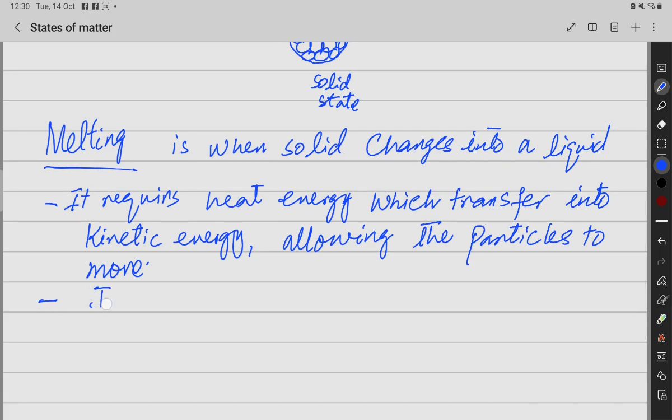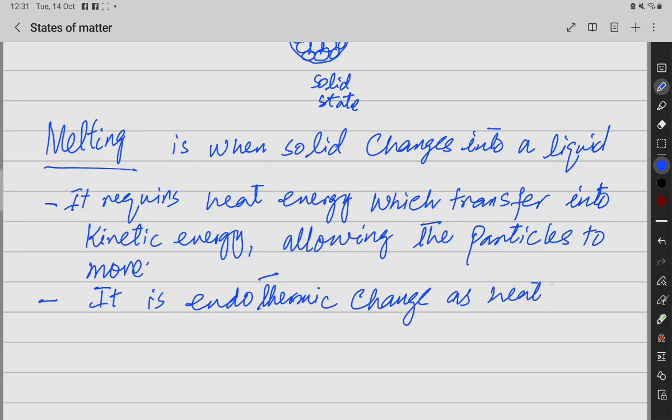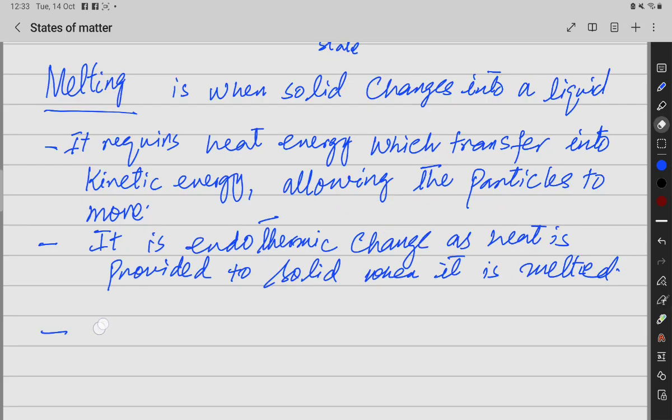It is an endothermic change, as heat is absorbed.